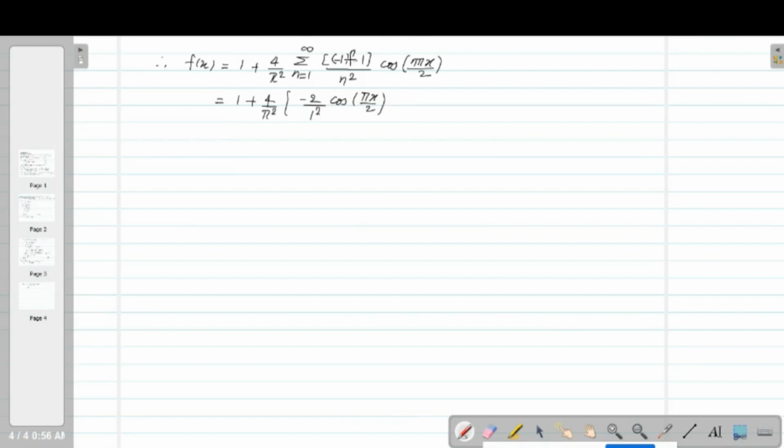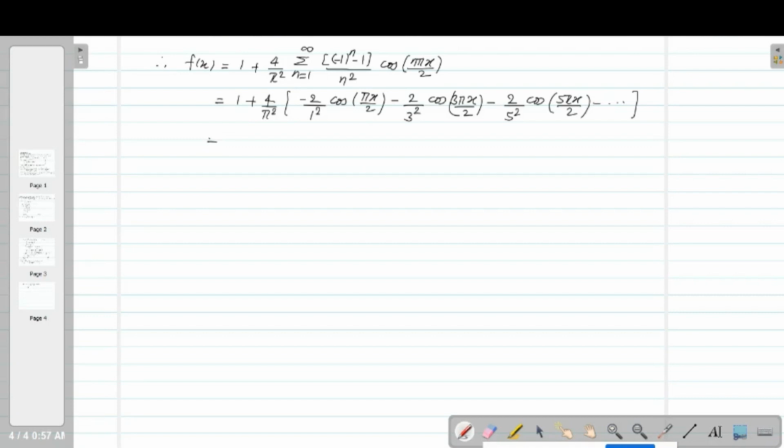Then n equal to 2, this becomes plus 1 and minus 1, 0. For the even case this will be 0, so only odd terms will survive. So this is 2 by 3 square cos 3 pi x by 2, minus 2 by 5 square cos 5 pi x by 2, minus so on.